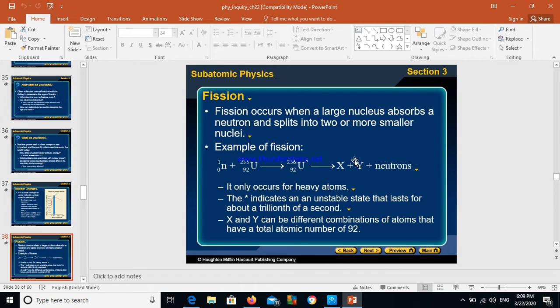X and Y here can be different combinations of atoms that have a total atomic number of 92, and will produce a number of neutrons.